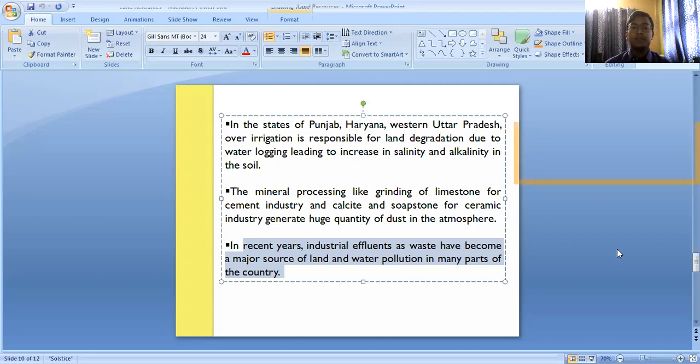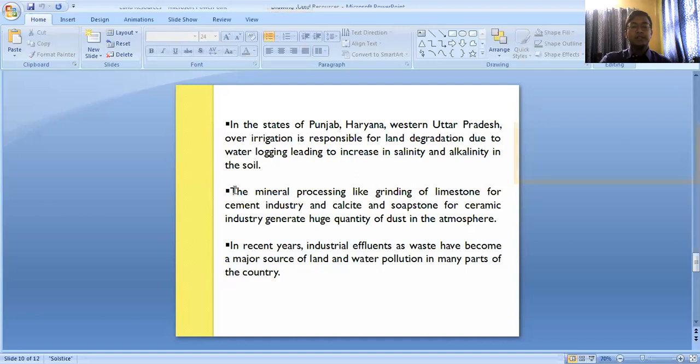That land becomes infertile, or unsuitable for human use. So this is how it is causing land degradation. And when rainfall takes place on it, some harmful chemicals from this waste percolate into the soil, and the water also gets polluted.